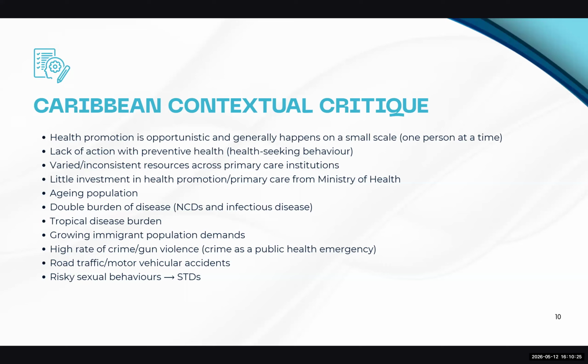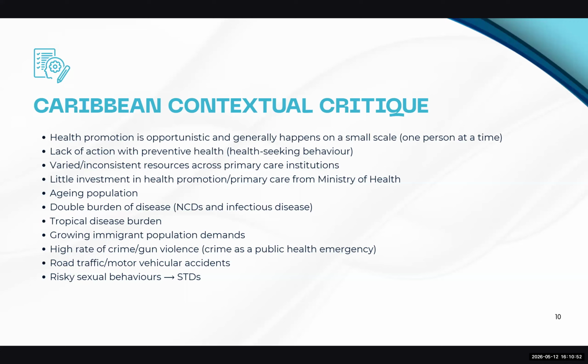So we must also consider the demographic and the social challenges, such as an aging population and the double burden of the non-communicable and infectious diseases, which are particularly prevalent in the tropical regions. And we noticed this when we were learning last week about the Omran stages as well. The growing immigrant population too, and high rates of crime, gun violence, these pose additional public health challenges.